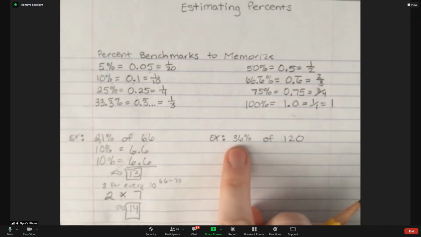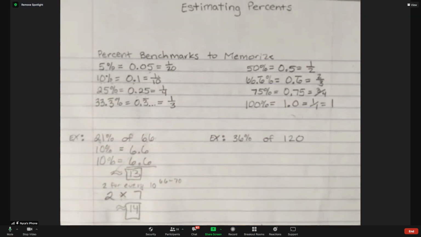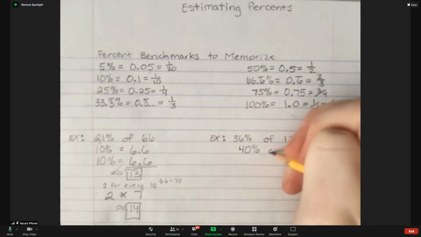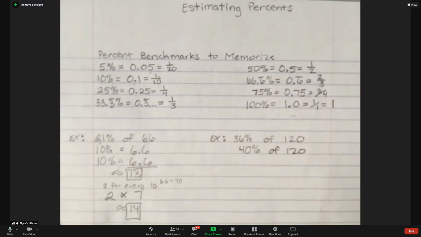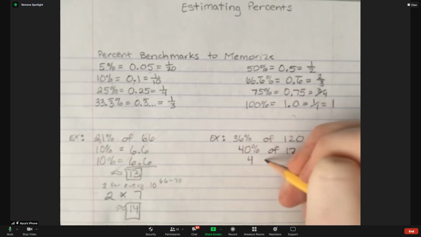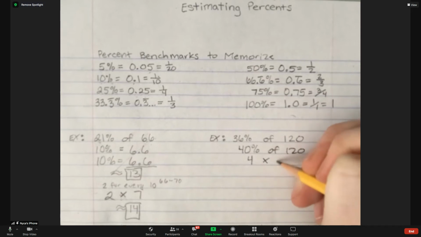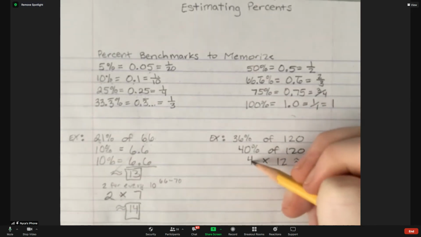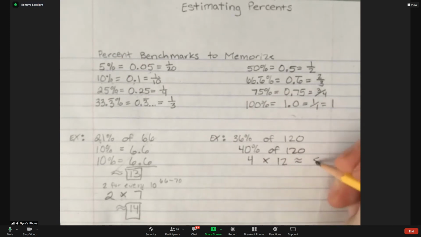If you have 36% of 120, again, you're going to look at it and say, well, 36% is close to 40%. So 40% of 120, I could think of it as 4 for every 10. So 4 times 12, which would be an estimate of about 4 times 2 is 8, 4 times 1 is 4, so 48 would be my estimate.